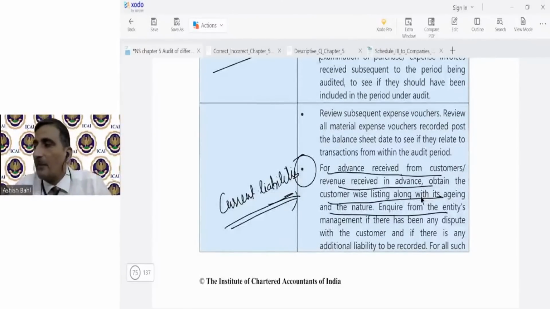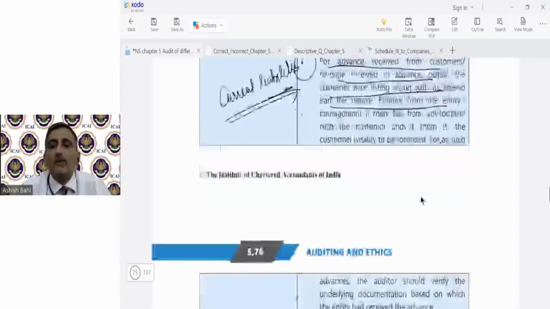If an advance has been received from a customer, but say the sale bill has not yet been raised, the other party has given an advance, so it is a current liability, because the corresponding revenue has still not been booked. Okay, so what is the nature of this advance? If a number of advances are outstanding, then you can review their schedule. So these kind of things.